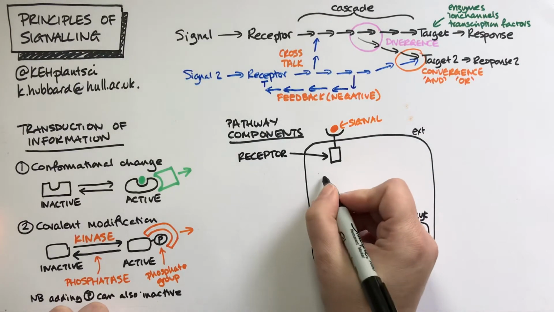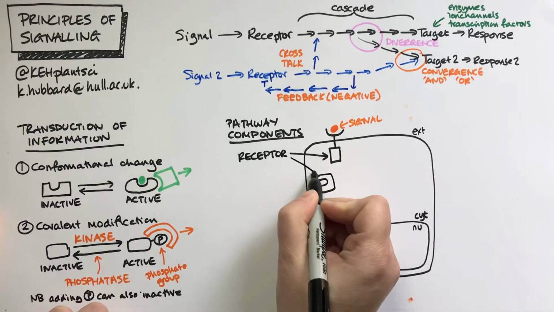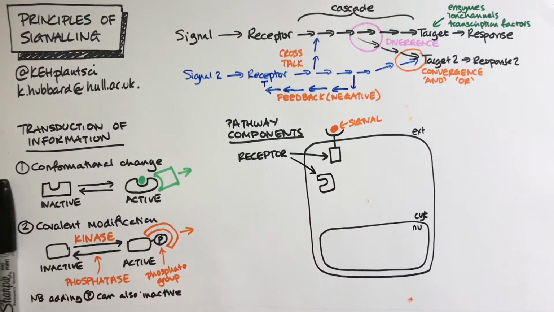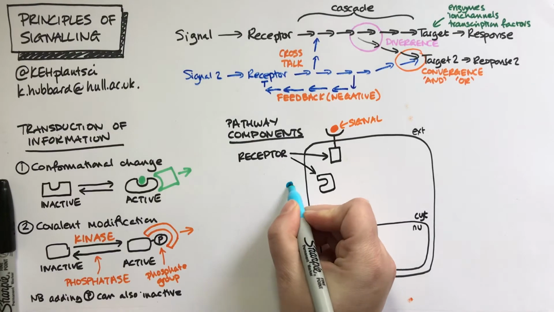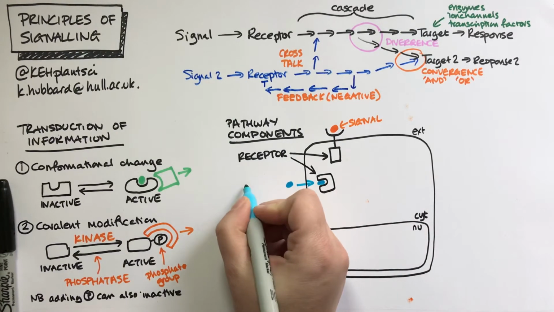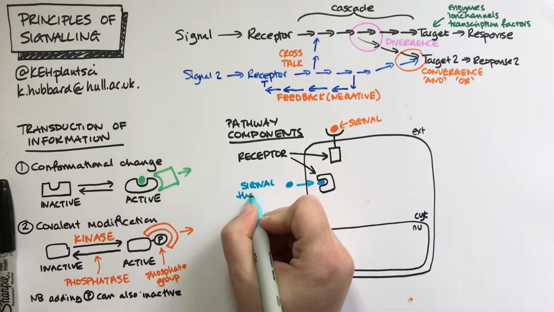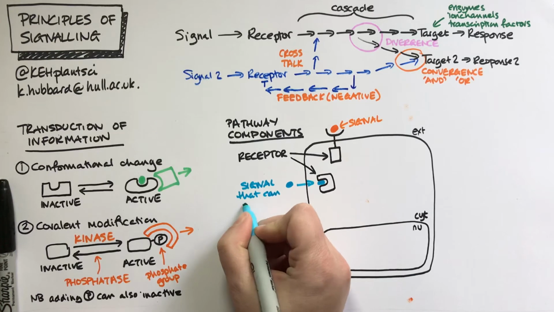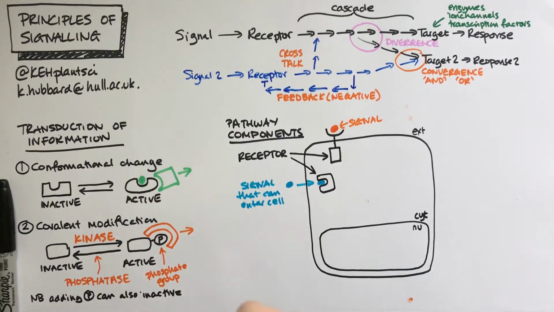But we can also have intracellular receptors. So here's a receptor here. This is for a second signal, a signal that can diffuse in. This is a second signal that is able to get inside the cell.